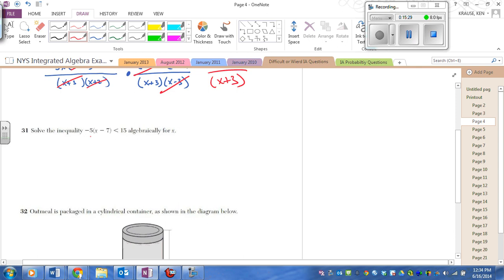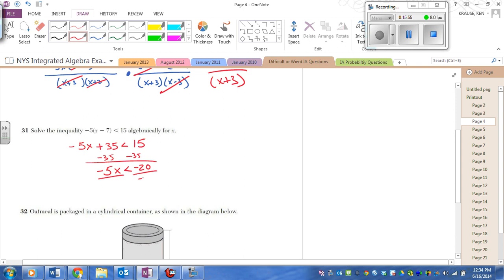As soon as I see a negative with an inequality, I always remember there's a trick to solving these. Subtract 35. So negative 5x is less than negative 20.